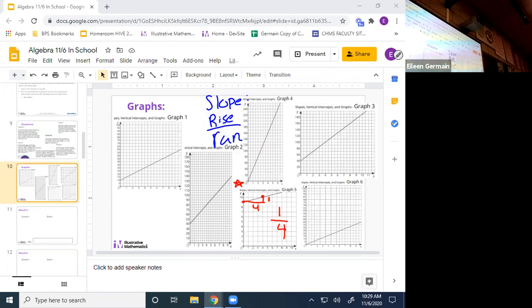This one has a slope of 1/4. I would make that match, and then I would take the graphs and make them a little bit bigger, and then see if you can calculate that rise and run. Okay.